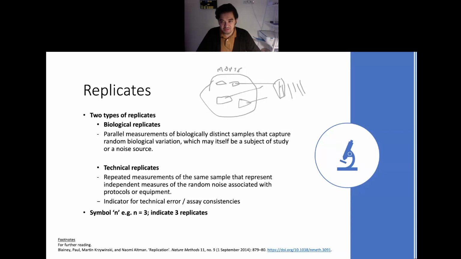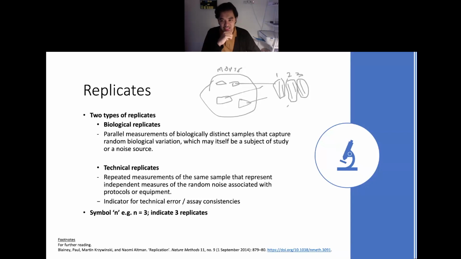The reason I have 2 here is right and left. So these are your first replicate, these are your second replicate, and these are the third replicate. Anything coming from a biological organism is considered a biological replicate.